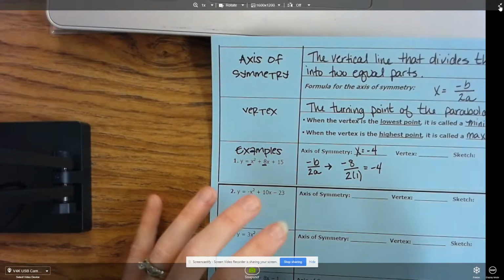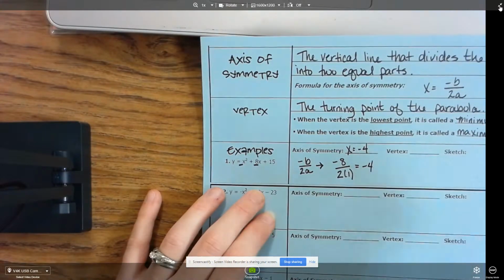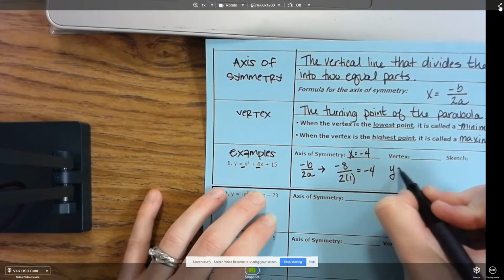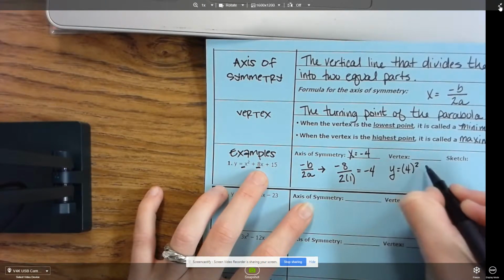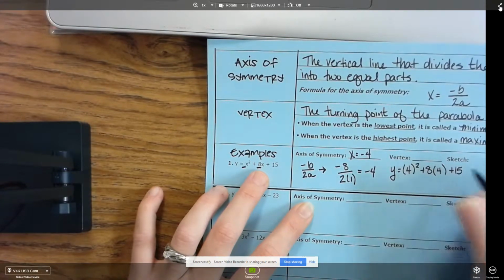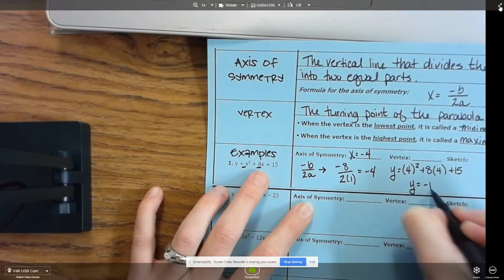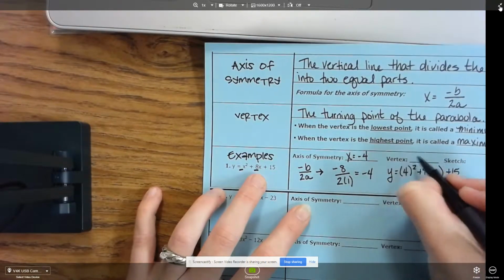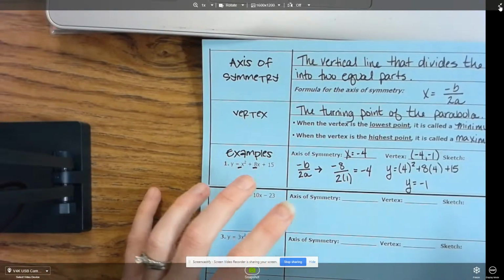To find the vertex, you plug this value back into your original quadratic. And here you would get y equals -1. So your vertex would be (-4, -1).